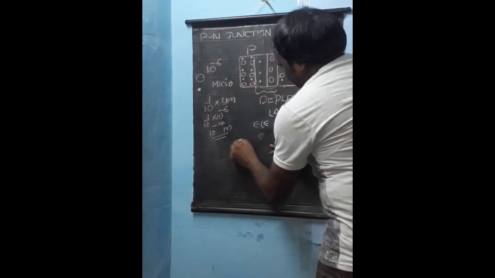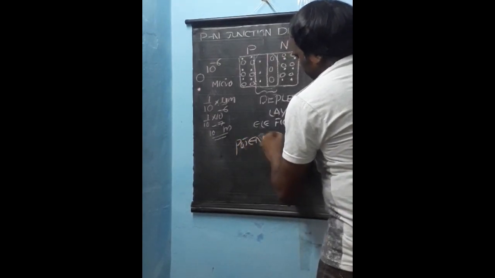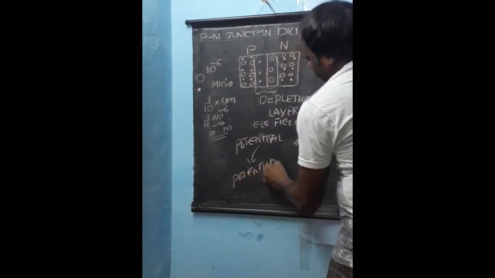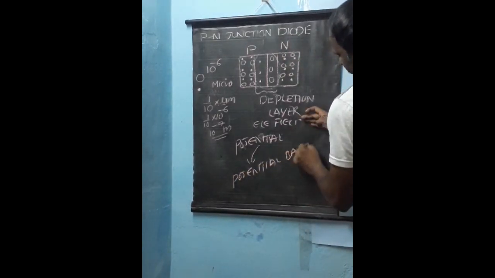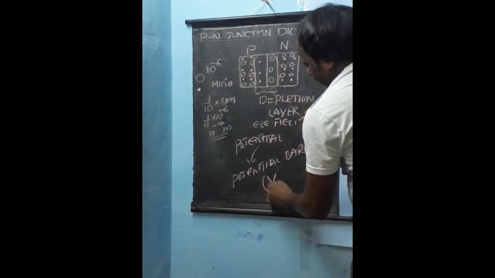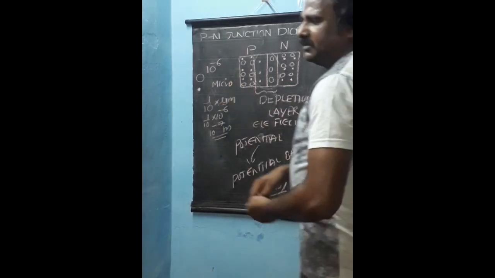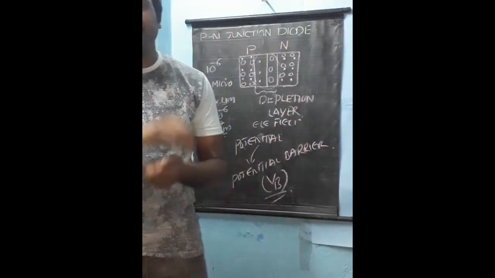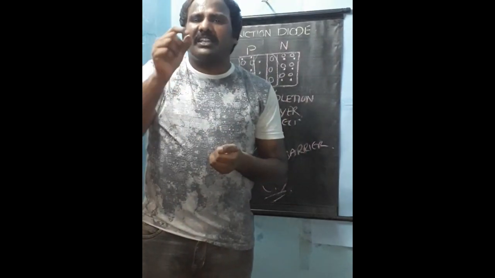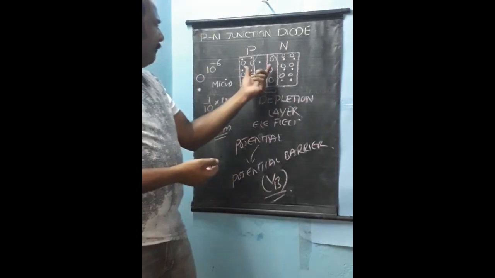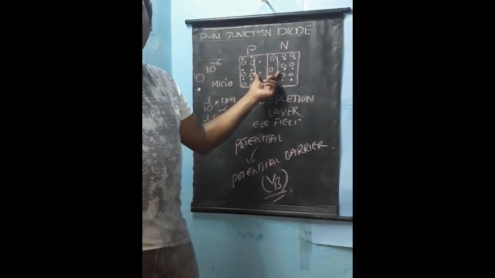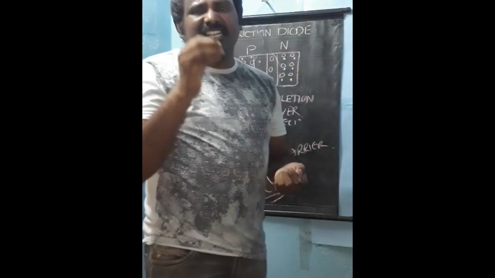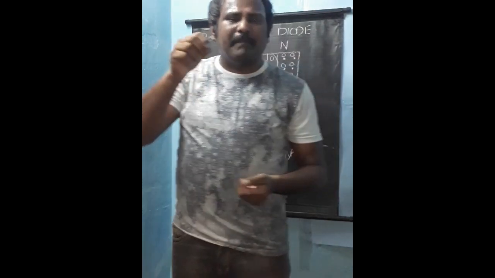Such a potential is called the potential barrier, indicated by VB. So whenever we apply an electric field to the charge carriers in the depletion layer, automatically a potential is produced. Such potential is called the potential barrier.